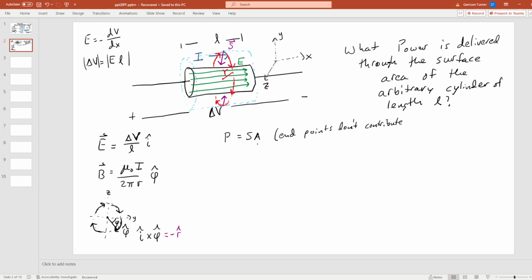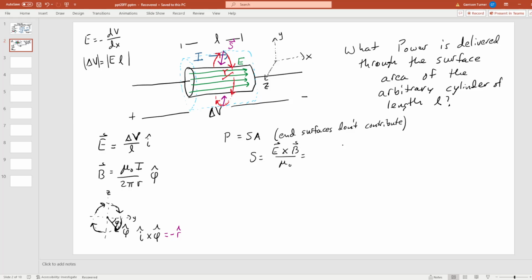Okay. So let me actually make that correction. Okay. So now we need to calculate what S is. So S is E cross B over mu naught.